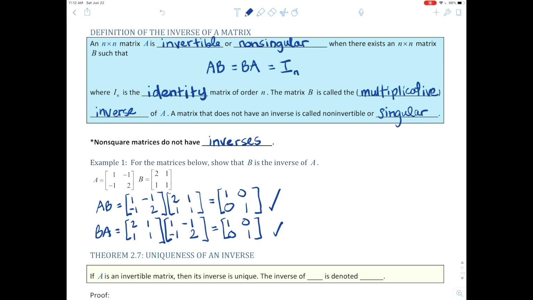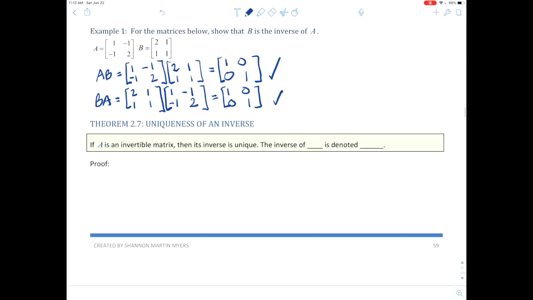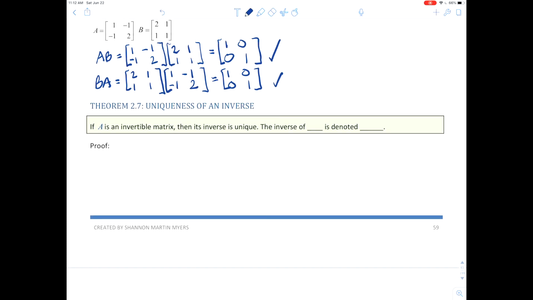Cool? All right. Theorem 2.7, uniqueness of an inverse. If A is an invertible matrix, then its inverse is unique. The inverse of A is denoted A inverse.